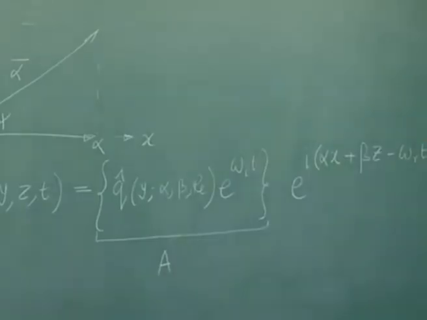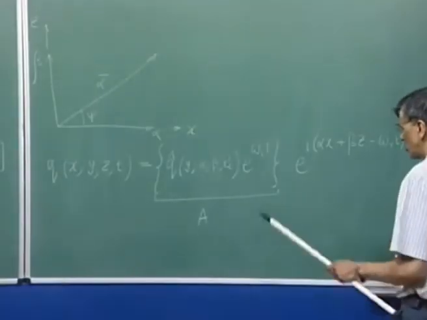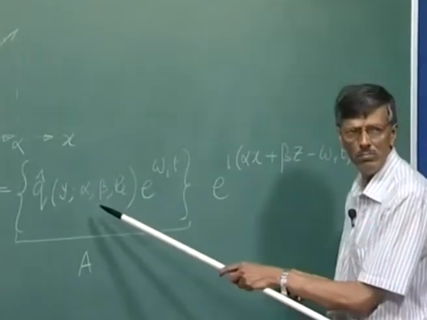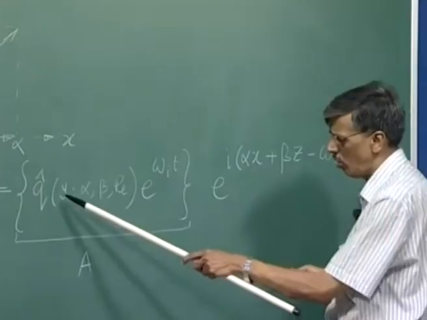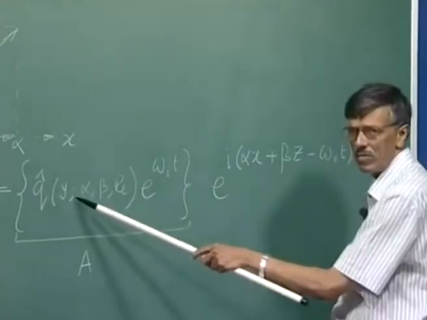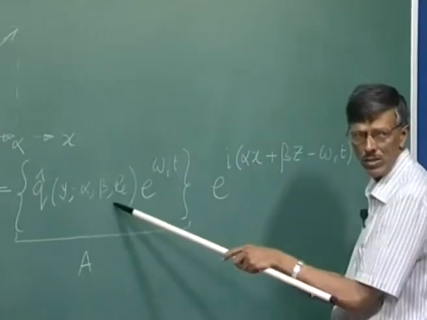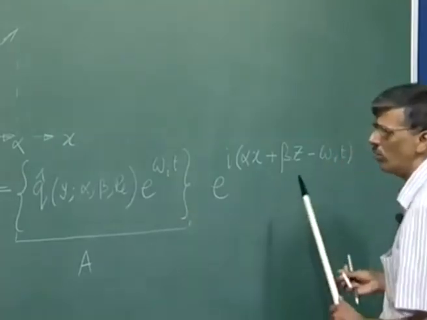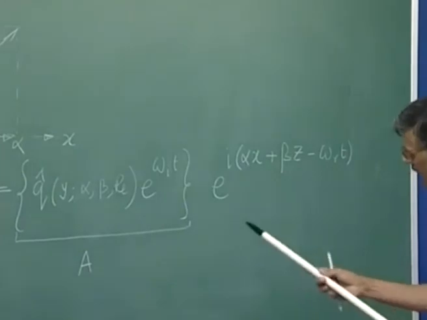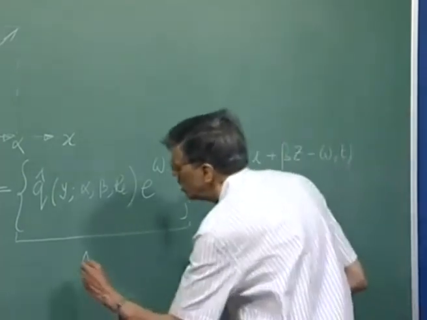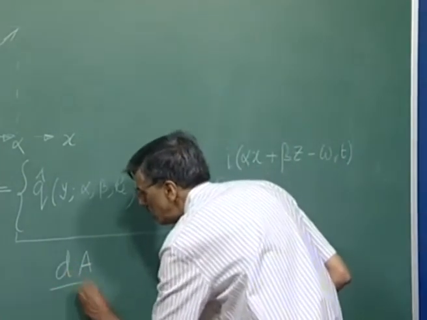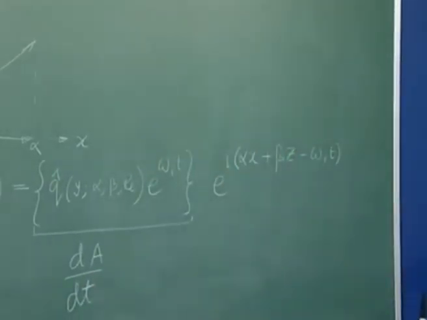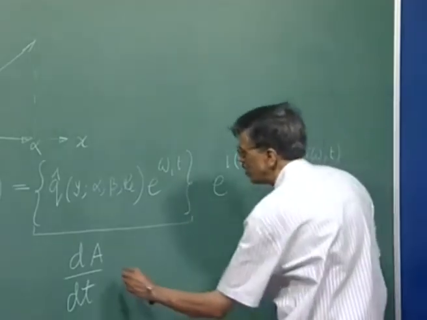A depends on y, and alpha and beta mean x and z. So it is a function of space, this part, times a function of time. If that is A, I could write dA dt. What do I get?